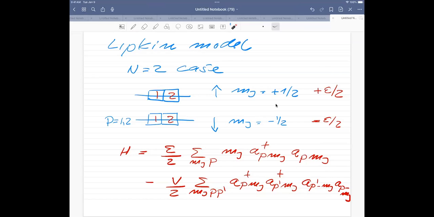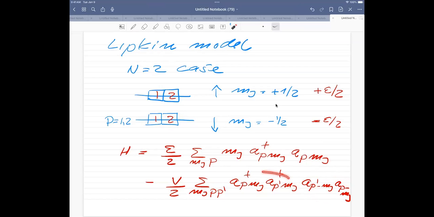So if you look at these two terms, what that means is that if you now have one particle here and one particle here, you see that they have the same values for mj. So it means that these operators here take away two particles here. We say that they destroy two particles and they create a hole or a vacancy.